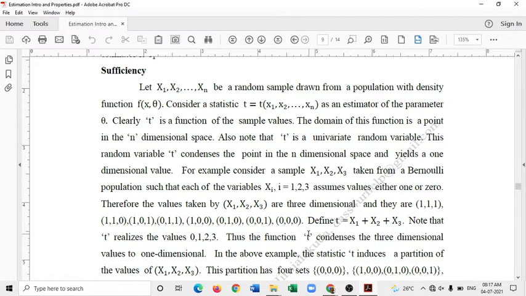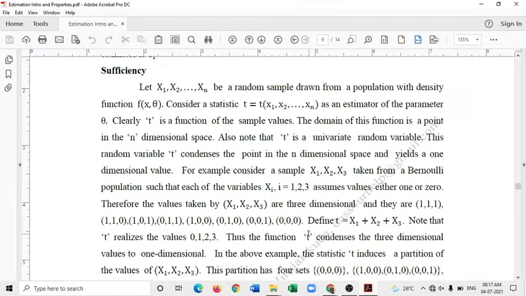Therefore, the triplet x1, x2, x3 has values like 111, 110, 101, 011, etc., 000, and it has the triplet 111 if all the three respondents possess the characteristic, and 000 if none of them possess the characteristic. Thus, the values taken by x1, x2, x3 are three-dimensional values.